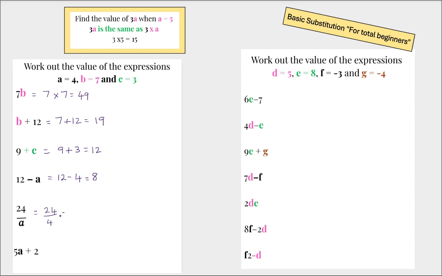And our answer is 6. And then finally, 5a, which we know is 5 times whatever a is, and a is 4, plus 2 equals, that's 20, plus 2. So the answer is 22.